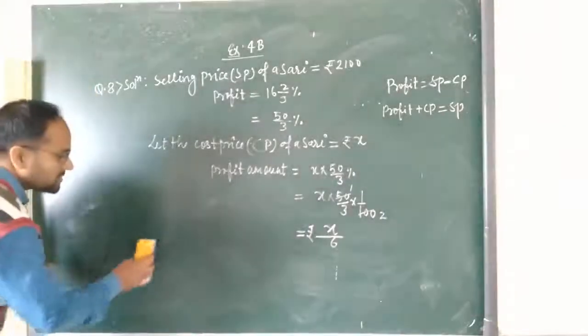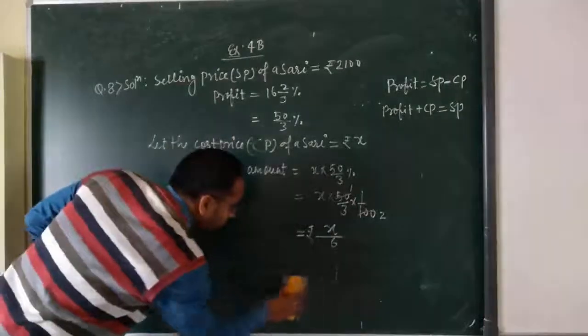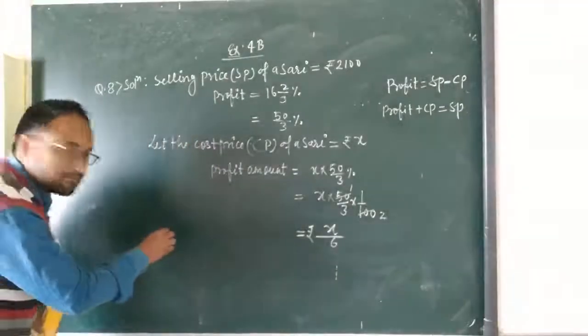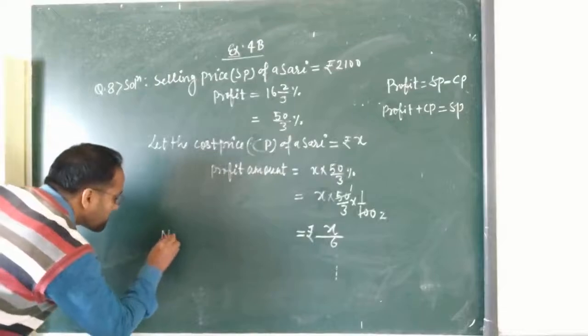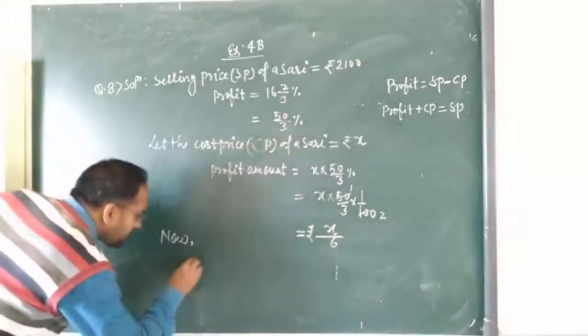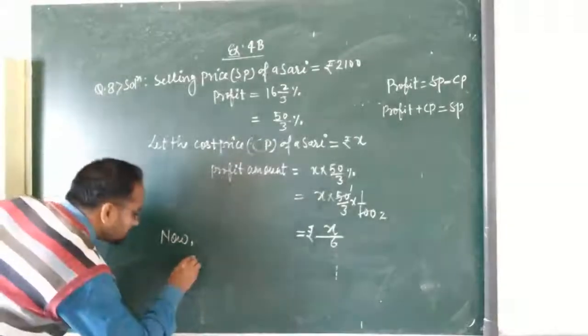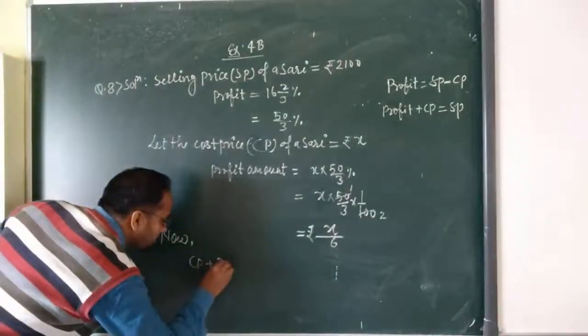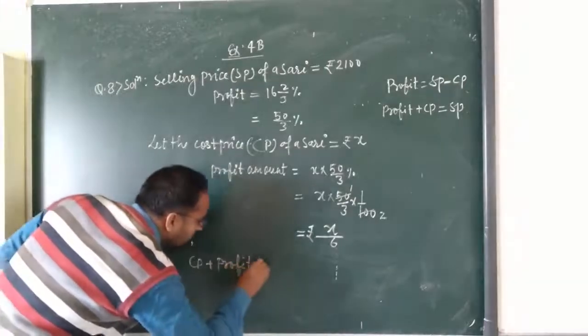Now I am going to use this formula: CP, cost price, plus profit is equal to SP.